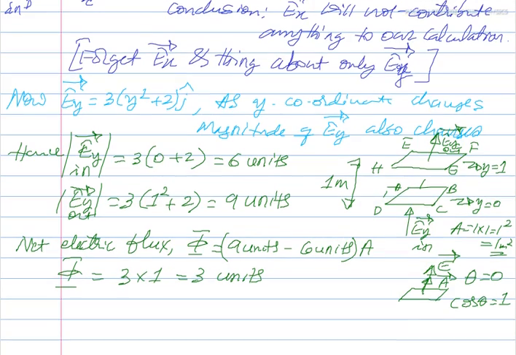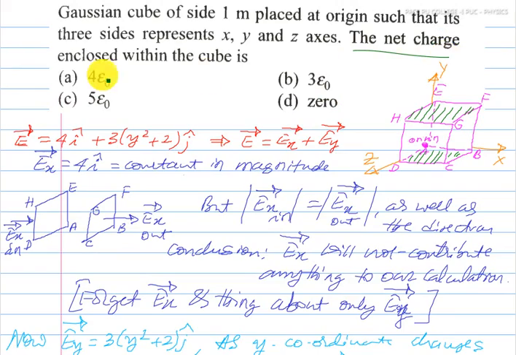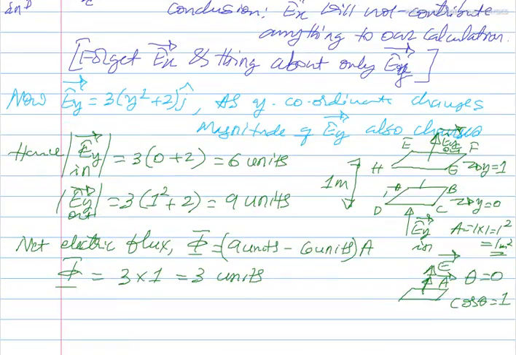But what is asked is the net charge enclosed within the cube. For that, we have to use Gauss law. Gauss law says the net flux through a closed surface is phi equal to... why closed?